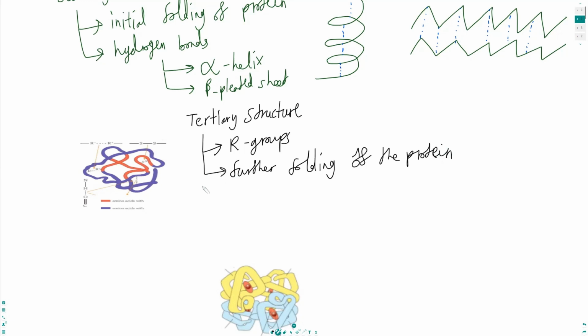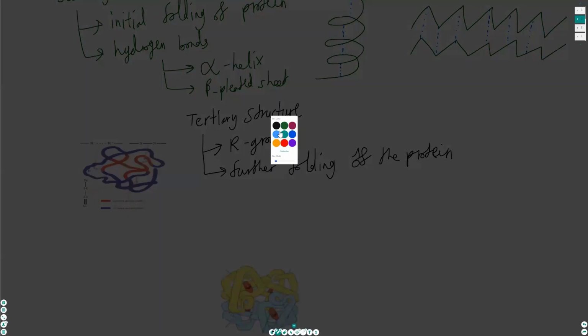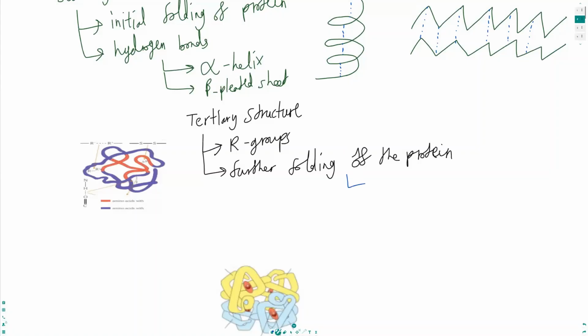A number of different bonds are used here. First of all, we have ionic bonds. Second, we have something called disulfide bridges, which can only occur in amino acids which have sulfur, so cysteine, for example, which has sulfur in it. Disulfide bridges, or disulfide bonds, can occur between them.